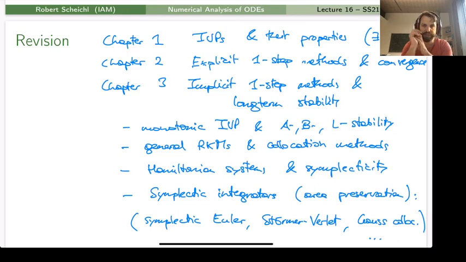But for monotonic initial value problems, where the solution essentially decreases to zero, we do get stability, and we introduced the terms A, B, and L stability.